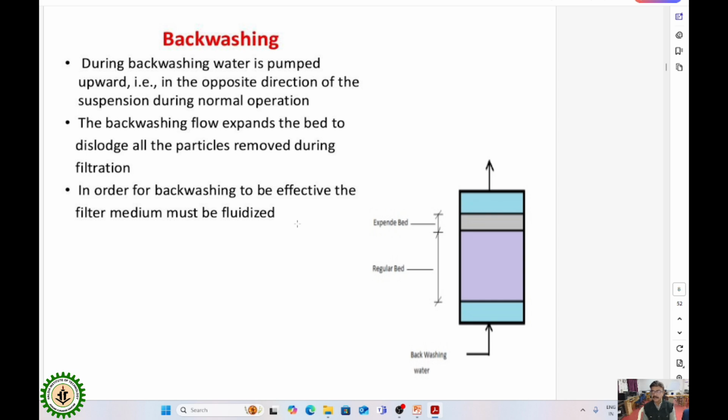So after filtration, the process is stopped, means the feeding of the slurry is stopped, and then the washing liquid, in most cases water, is supplied from the opposite side of the filter, so that the deposited cake will be well washed, means the entrapped solvent can be washed out, and after washing we can collect the deposited solid in the form of cake.